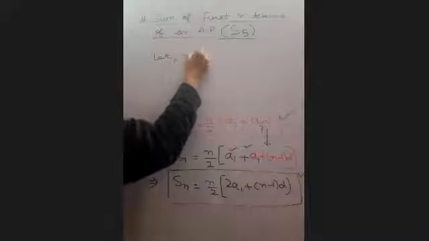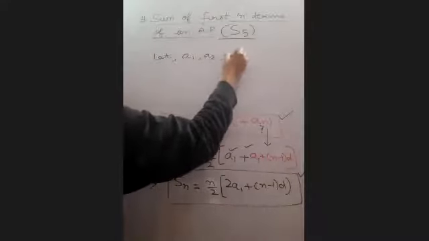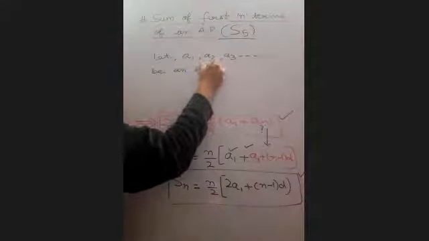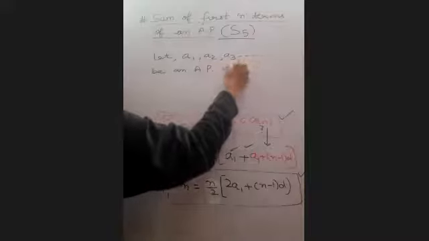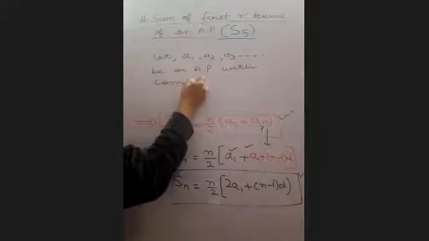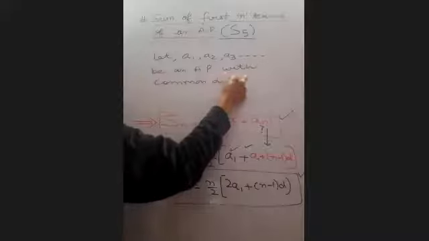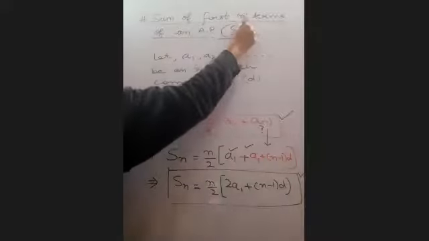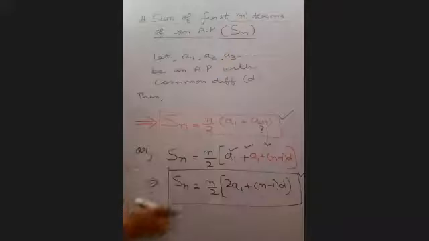So I will just write A1, A2, A3, and so on, be an AP with common difference D. Then the sum of first n terms is given by this or this. Is that okay, children?